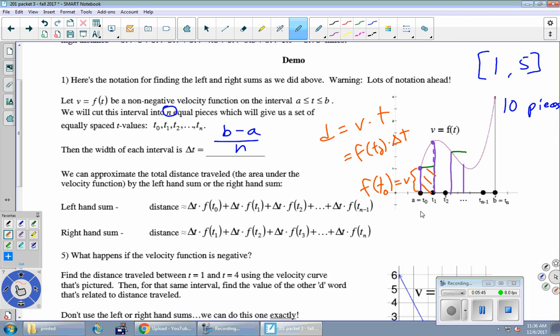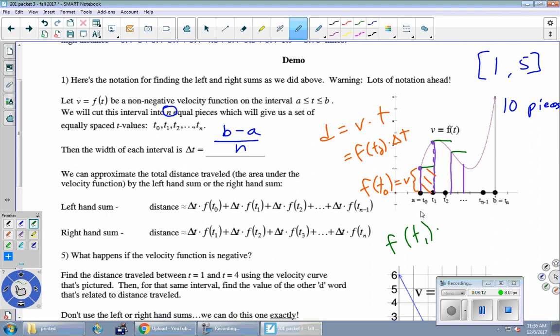And then we can look in the second interval. And in the second interval, there's my estimate using the left-hand point. What is the velocity now? f of t sub 1. So the new velocity is f of t sub 1 times time.